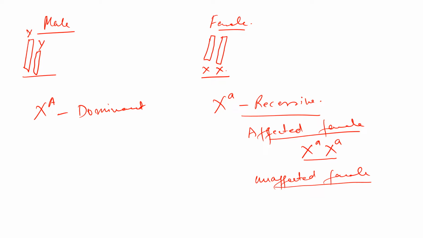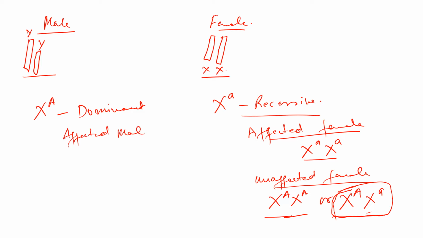Unaffected females will have either this or this. This female will be unaffected, but this female, which is a heterozygous female, will become a carrier of this genetic trait.